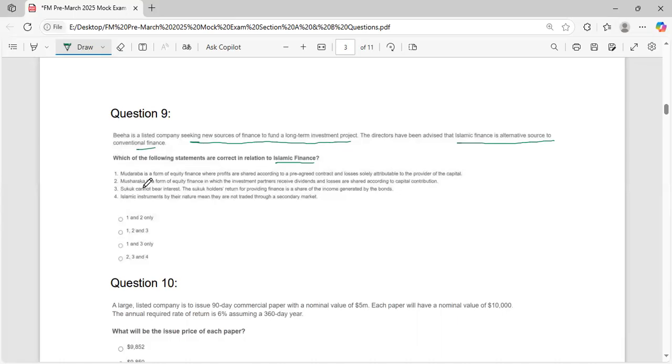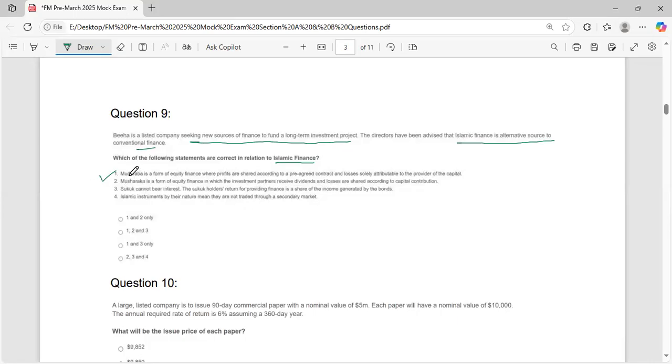Number two, Musharka is a form of equity finance in which investment partners receive dividend and losses are shared according to capital contribution. Sukuk cannot bear interest. Sukuk holders' return for providing finance is a share of income generated by bonds. Islamic instruments by their nature mean they are not traded through a secondary market.